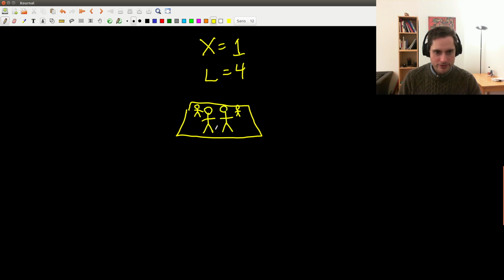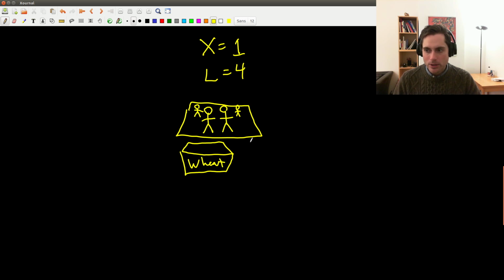Getting a little crowded on that field. So as we increase the number of workers, we're probably going to increase the amount of wheat we can get. So maybe we can get, rather than just 1 box of wheat, more than 1 box, but we're not going to get 2 boxes. You can't double the amount of wheat you get from some land just by doubling the amount of workers. Maybe instead we get 1 big box and 1 little box of wheat. This one just has a W on it.